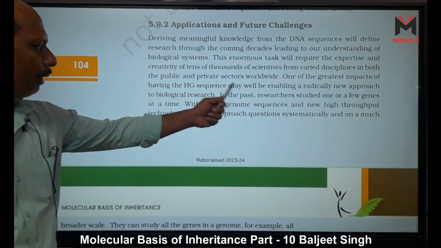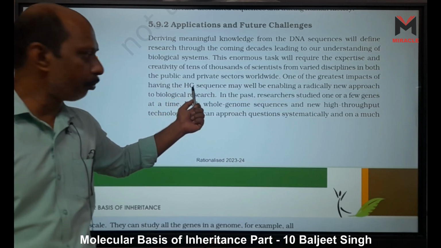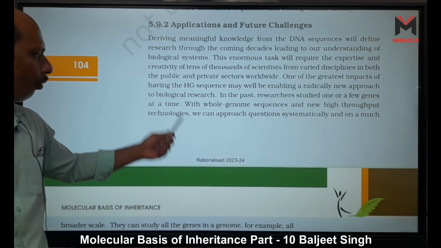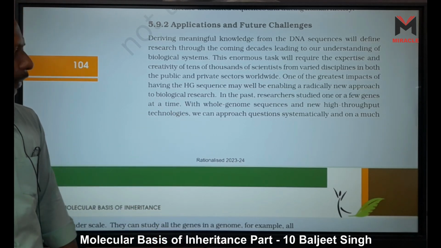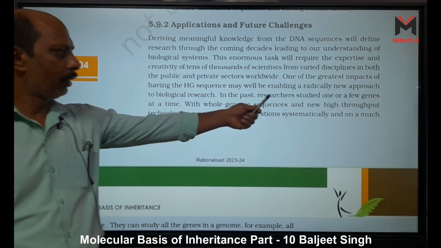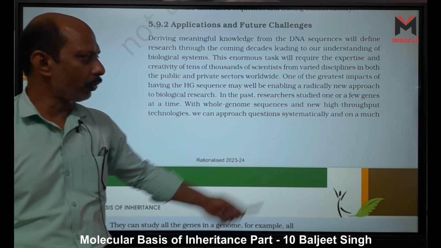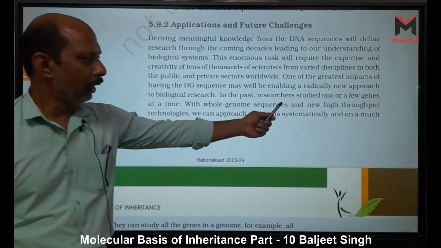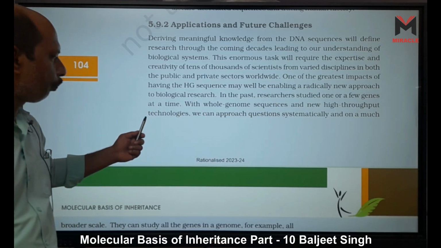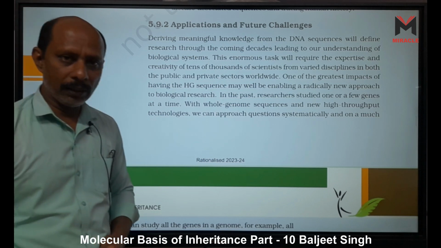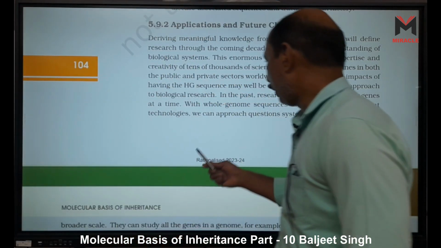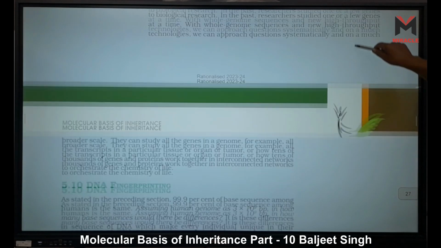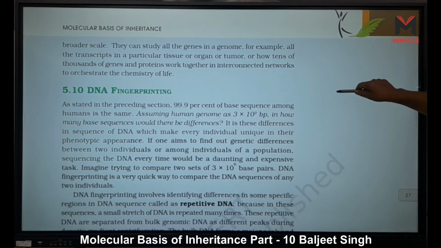One of the greatest impacts of having the human genome sequence may well be enabling a radically new approach to biological research. In the past, researchers studied one or a few genes at a time. With the whole genome sequence and the new high throughput technologies, meaning when we have a computer database also, we can approach questions systematically and on a much broader scale.